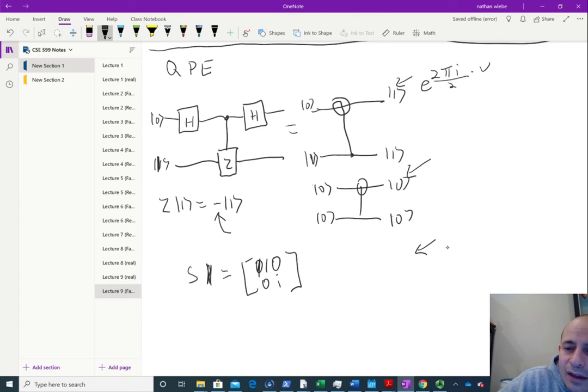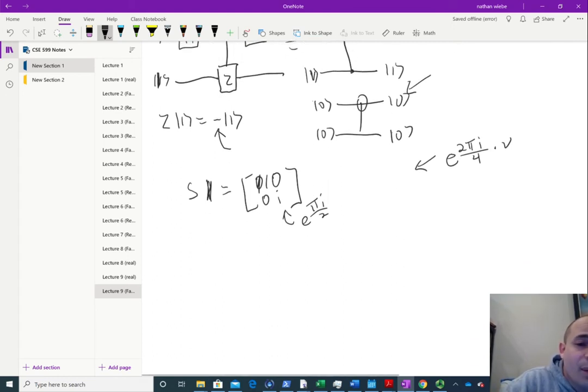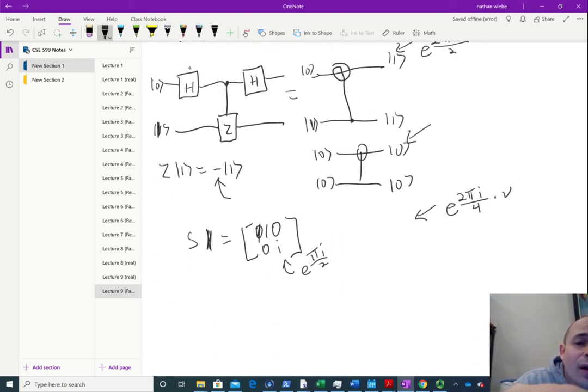We need our eigenvalues to have twice as much precision. So we are going to want them to be of the form e to the 2 pi i over 4 times v. And we need this because this is equal to e to the pi i over 2. So we need twice as much resolution in order to be able to resolve the eigenvalues. So that's why we're going to begin by generalizing this. Recall that the Hadamard operation is the 1-bit discrete Fourier transform.